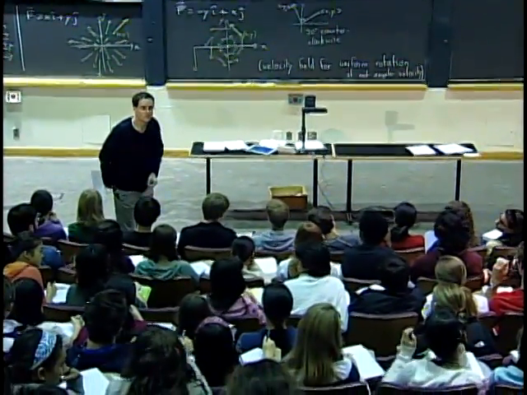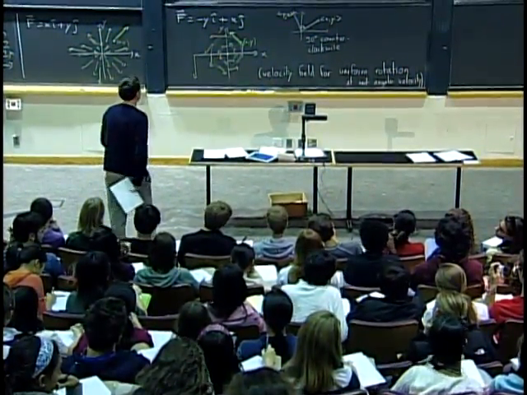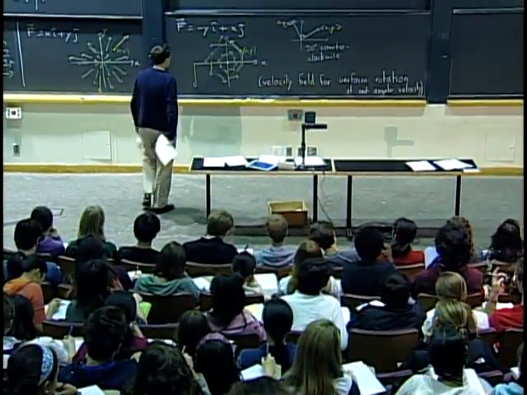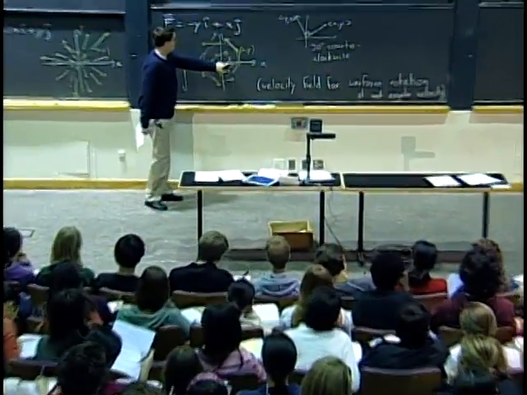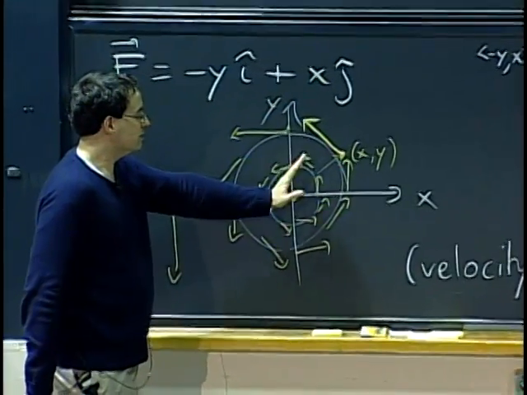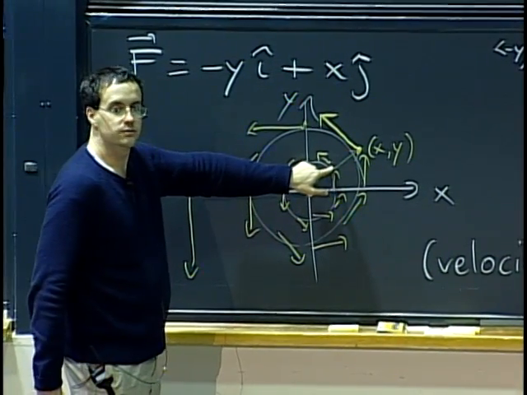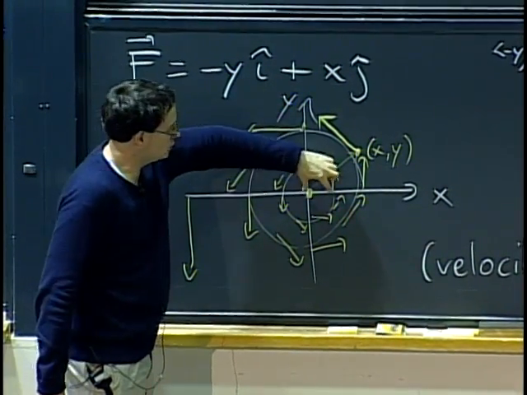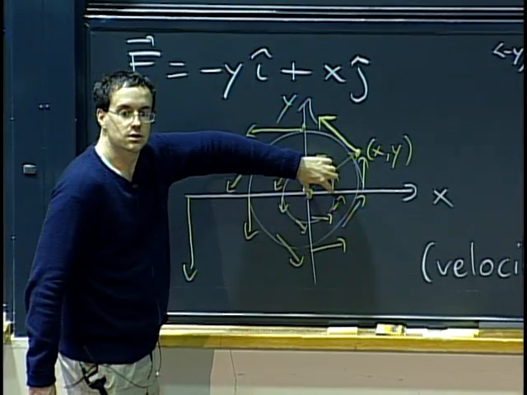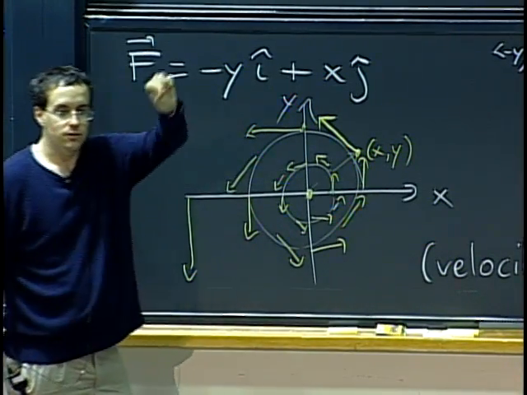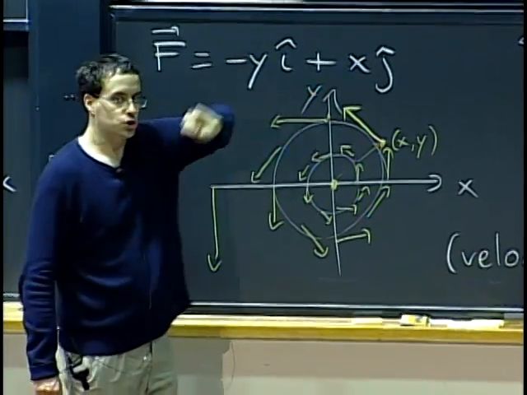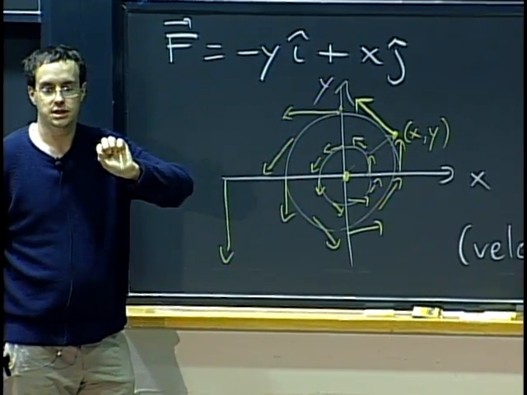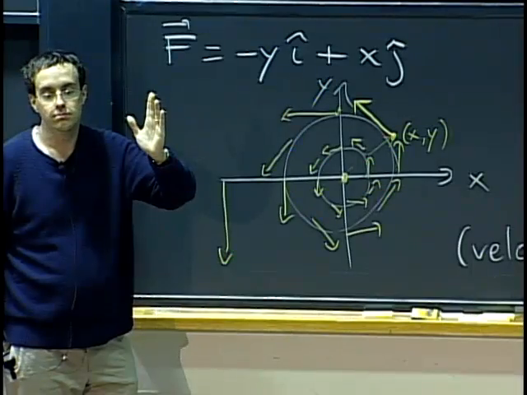How do I know that it's at unit angular velocity? Well, that's because if my angular velocity is 1, then that means that the actual speed is equal to the distance from the origin, right? Because the arc length on a circle of a certain radius is equal to the radius times the angle.